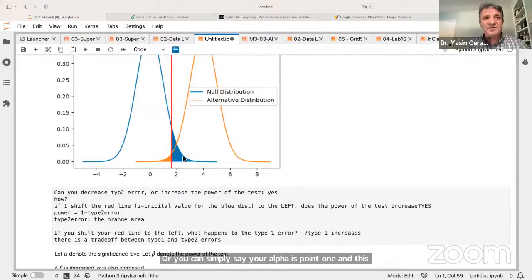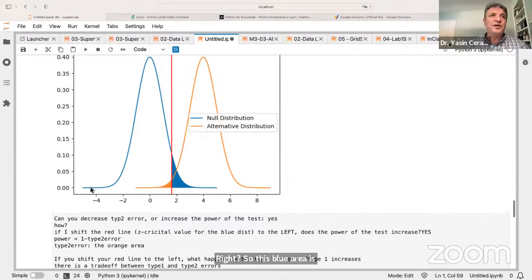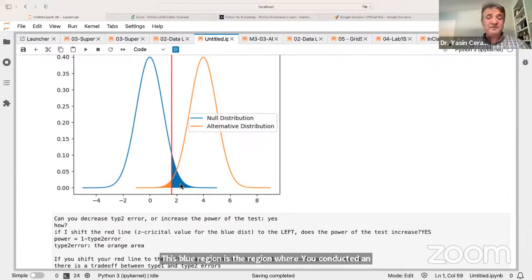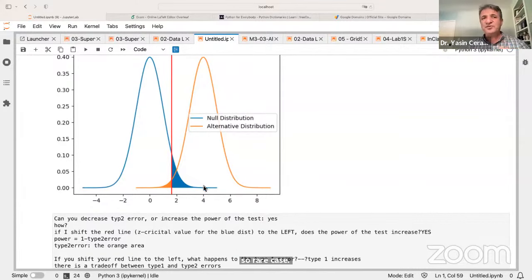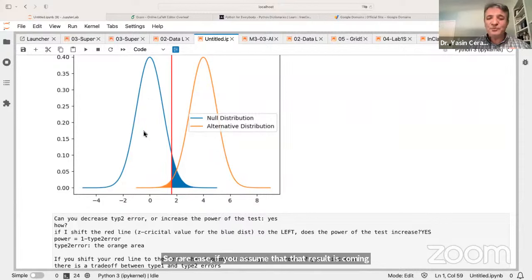So this blue area corresponds to that. Again, this blue line represents your null hypothesis. This blue region is the region where, if your experiment result falls into it, that means whatever result you get is such a rare case if you assume that the result is coming from the distribution that belongs to the null hypothesis.